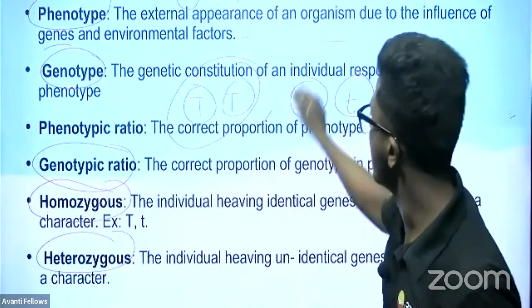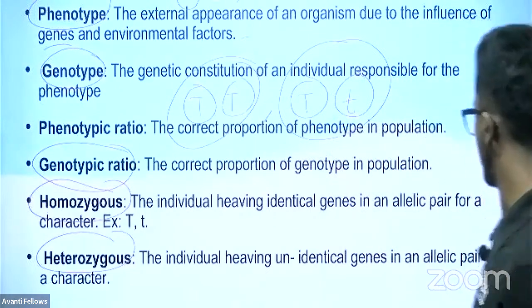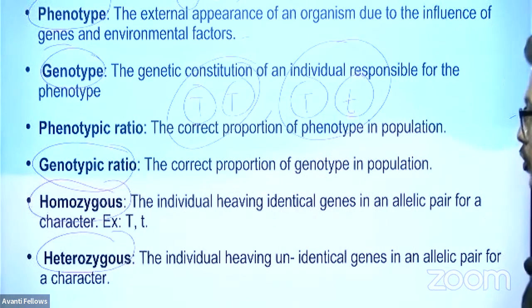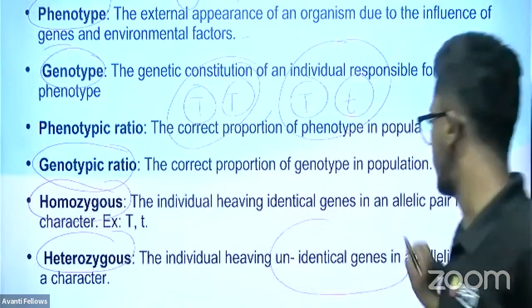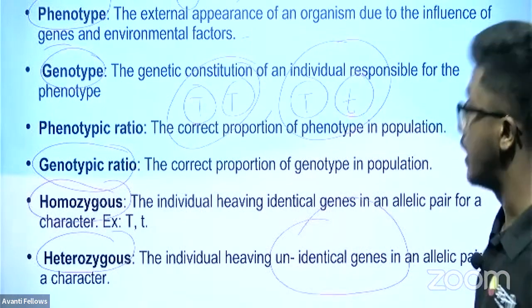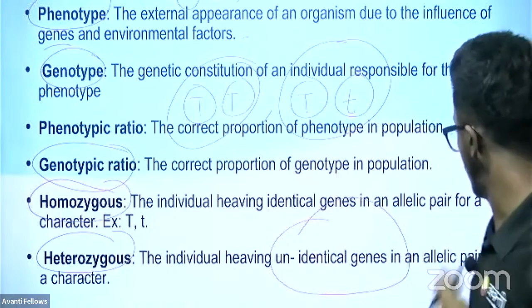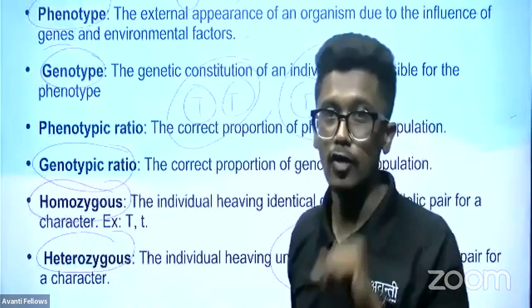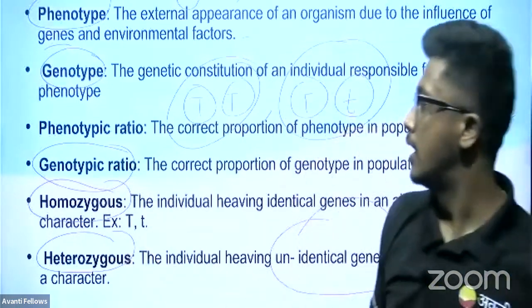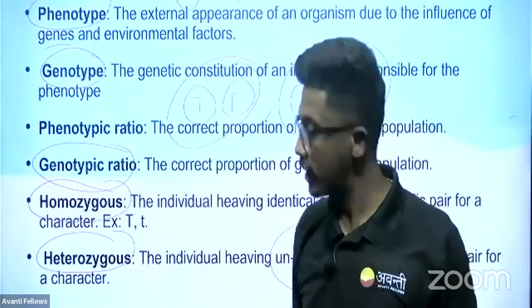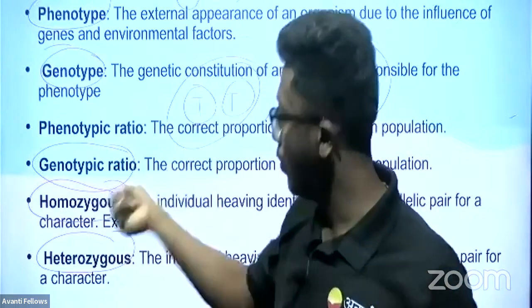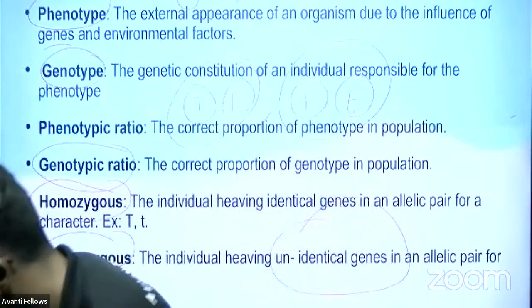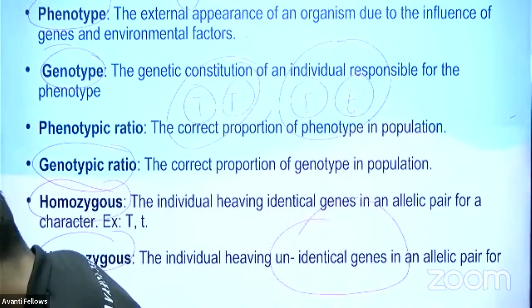Whenever you have different alleles, it is called the heterozygous condition. Non-identical genes present as an allelic pair are called heterozygous. If they are identical alleles, they are called homozygous. Is it clear? Did you guys understand all the terminologies?